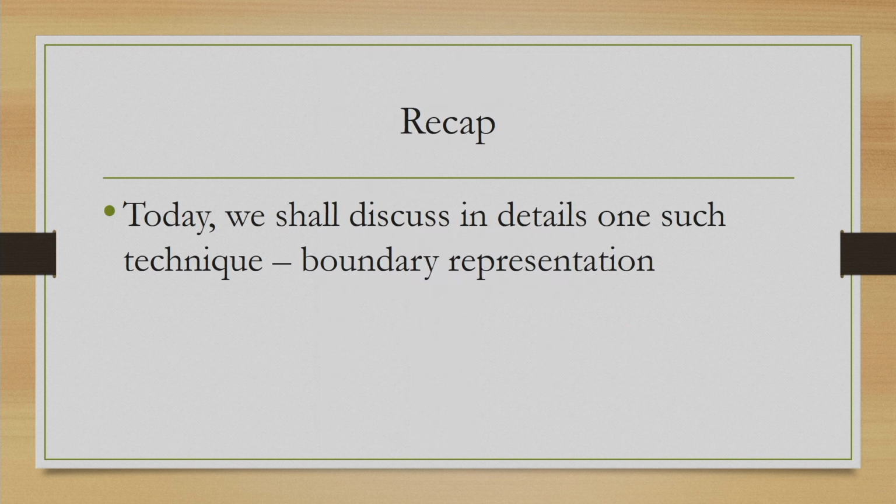Today, we shall discuss in details one of those techniques, namely boundary representation techniques. We already have seen that in boundary representation techniques, we represent an object in terms of its bounding surfaces or the surfaces that constitutes its boundary. Now, those surfaces can be simple polygons or complex shapes.